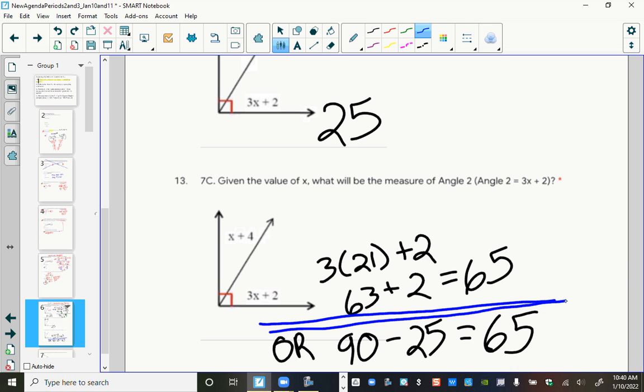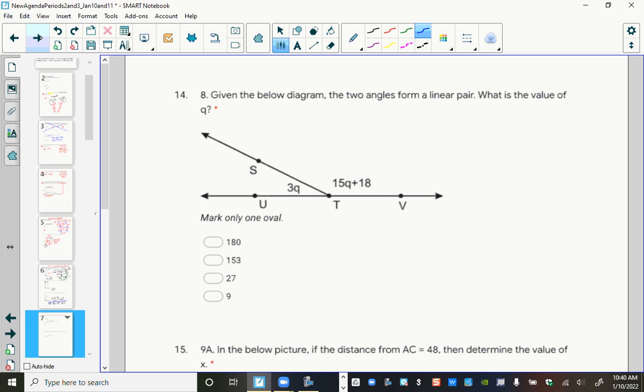All right, questions on that problem? All right, next page. Linear pair. It's a linear pair. The sum of the angles is how many degrees? 180.